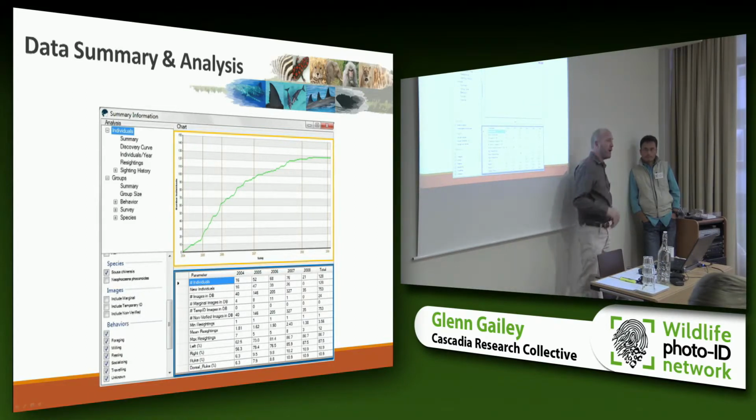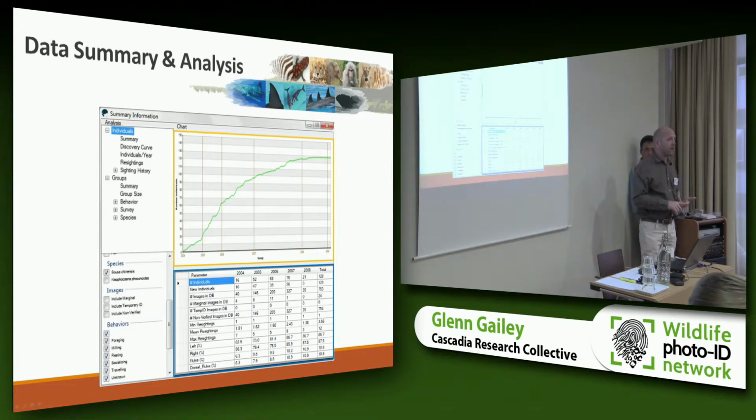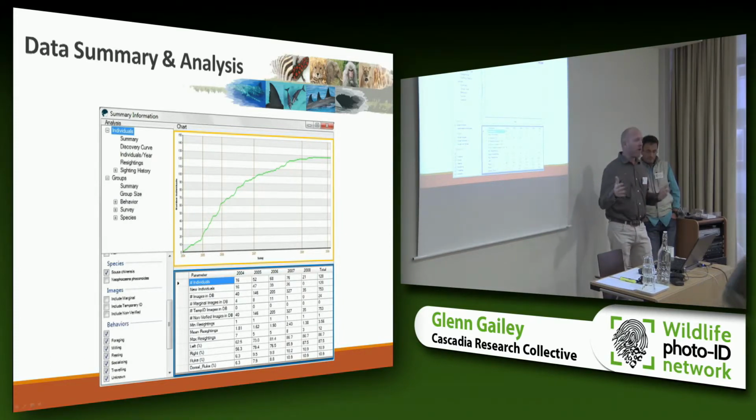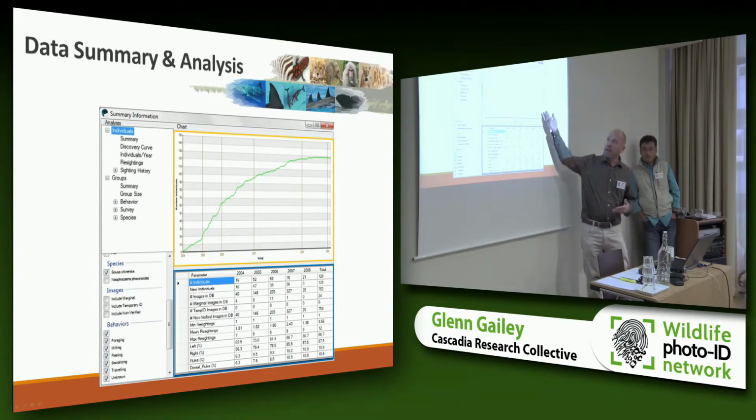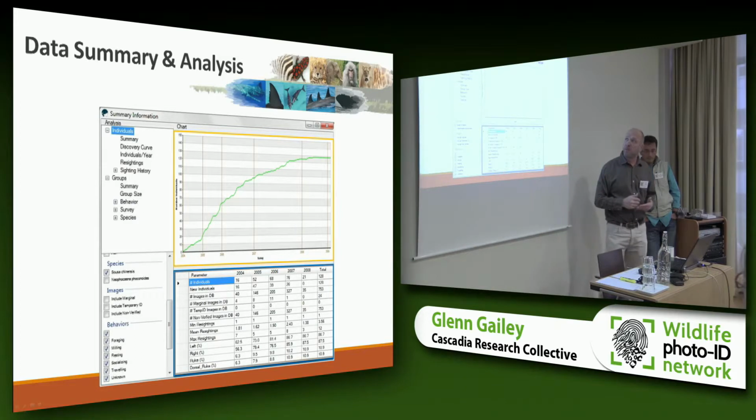For gray whales, their left sides or right sides are identifiable, also their flukes, and sometimes we use the dorsal fin. So we can use multiple aspects of that individual to re-identify them. And then we can generate things like a discovery curve, which is very important, or how many individuals were seen per year, or look at resighting histories.